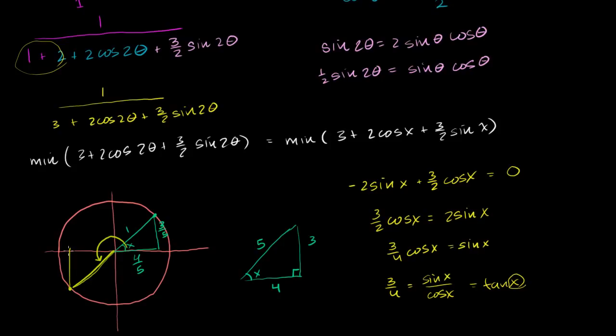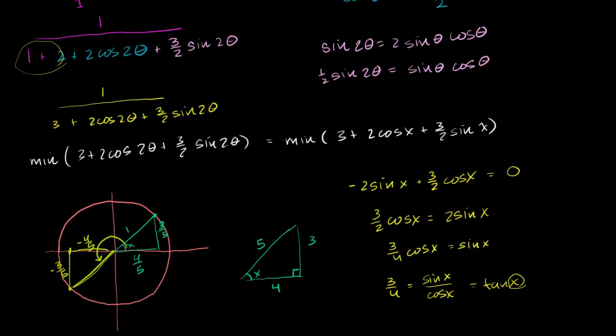So over here, the x coordinate, or the cosine, is going to be negative 4/5, and the sine value, or the y value, is going to be negative 3/5. And this will give us a minimum point, because here both the sine and the cosine are negative.